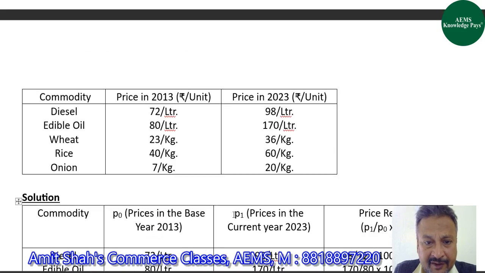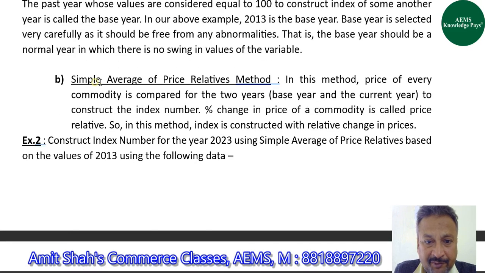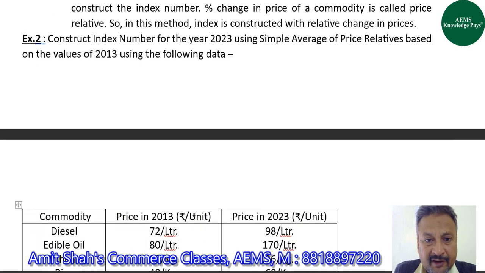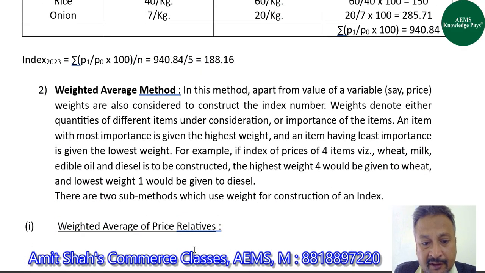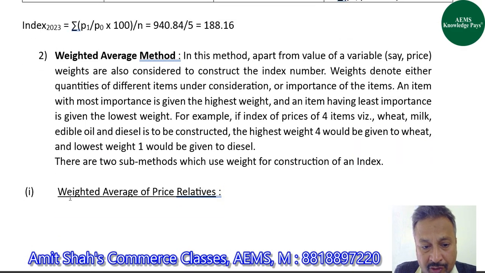Today only, guys, we have seen simple average of price relatives where we did not use any quantity or any weight or importance of these 5 items. Now we will consider that also under weighted average of price relatives.